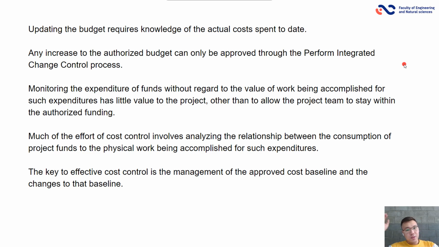Updating the budget requires knowledge of the actual cost spent to that date. Any increase to the authorized budget can only be approved through the perform integrated change control process.